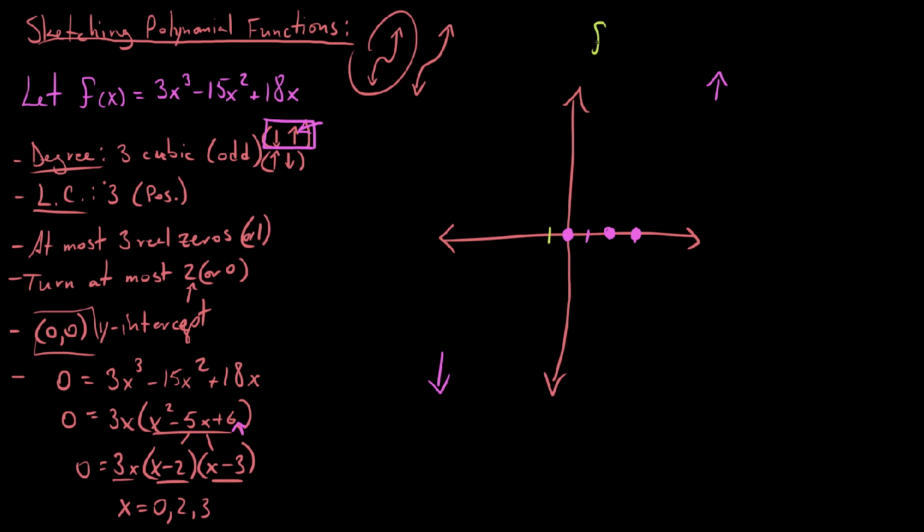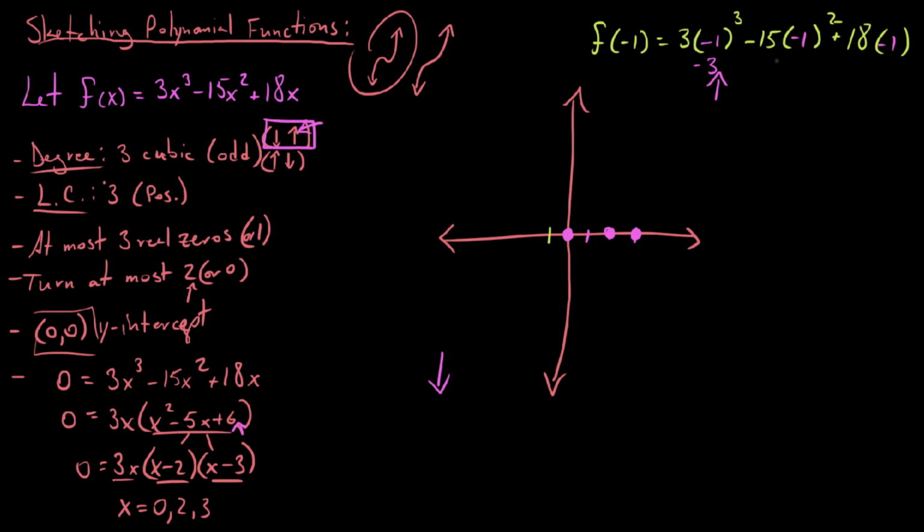So f of -1. For the sake of simplicity, I'm going to draw this in here: 3 cubed minus 15 blank squared plus 18 times this here. Let's say we plugged in -1, so -1 goes in each of these spots. -1 cubed is -1, times 3 is -3.